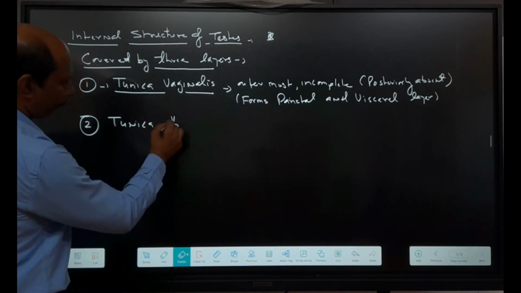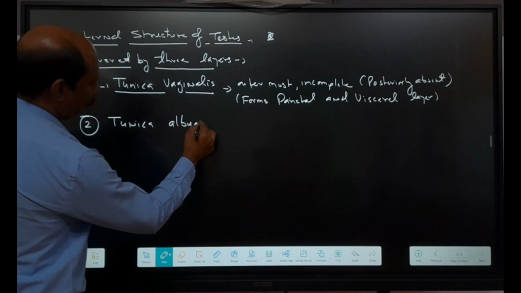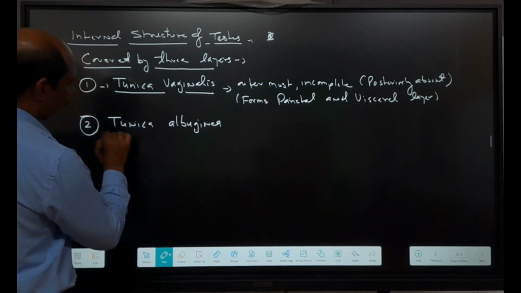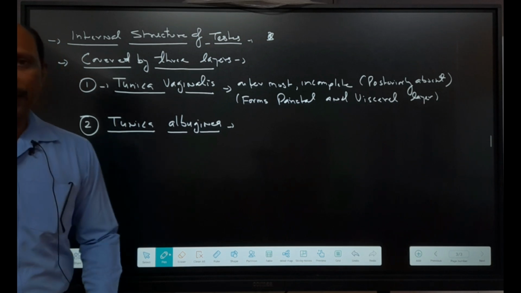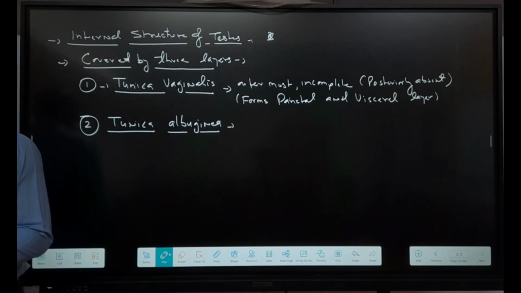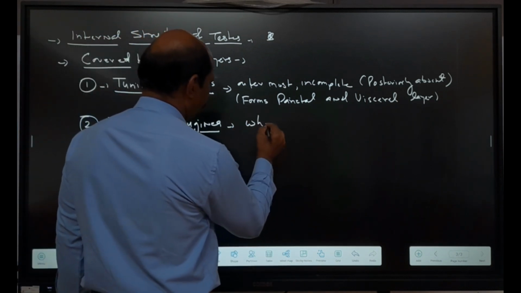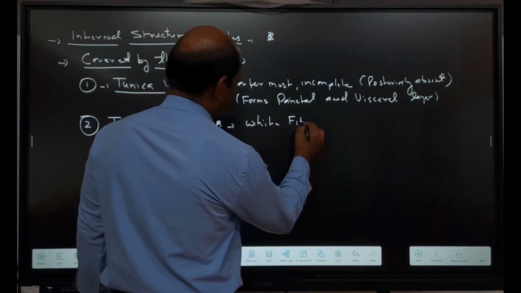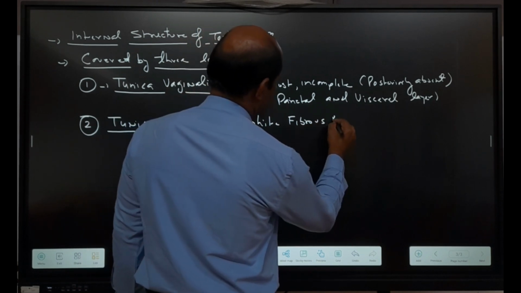It is the second, we can say the middle layer, right? Tunica albuginea is made up of white fibrous connective tissue.